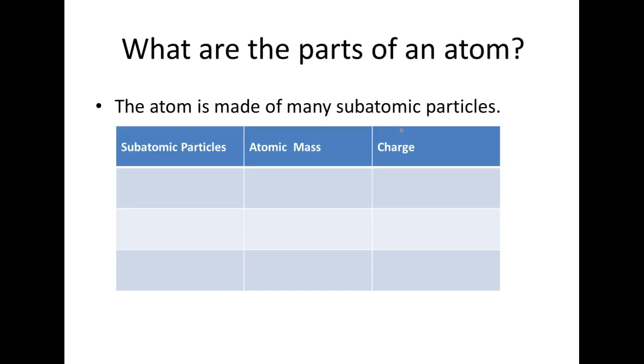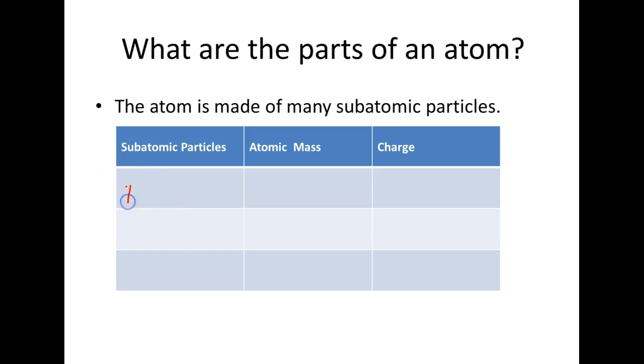So the atom is made up of different parts, and we call those subatomic particles. Now keep in mind, there are many subatomic particles. They're neutrinos, various other things, but we're going to be focusing mainly on three of the major particles.